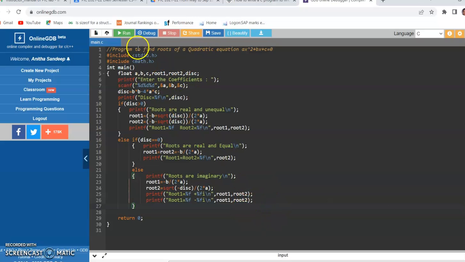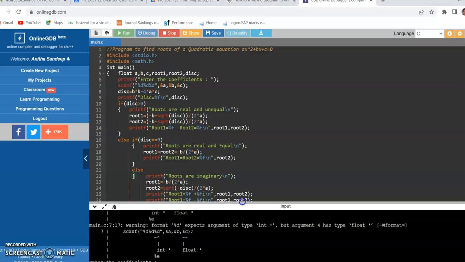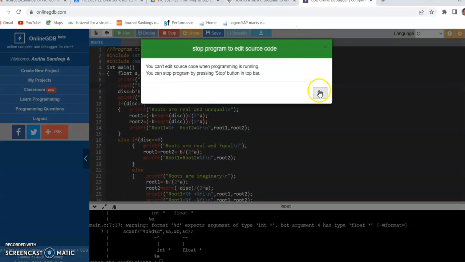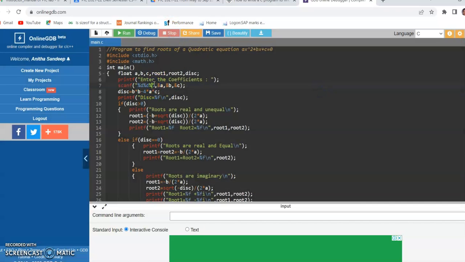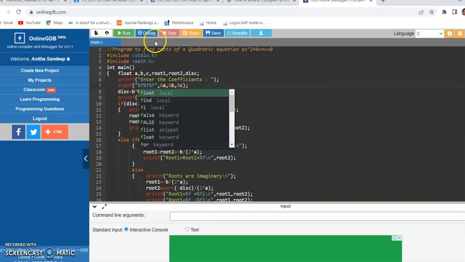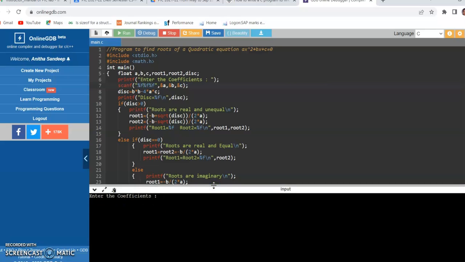So this is without testing for the linearity. So let us run it. Okay, percentage f, because they are floating point data. Okay, no errors. So coefficients I have to enter. Let us enter 1, 4 and 3.